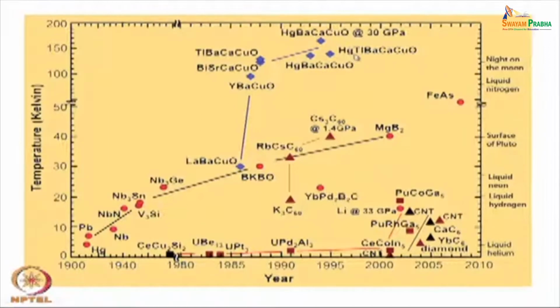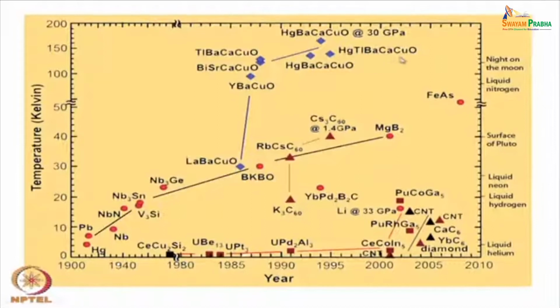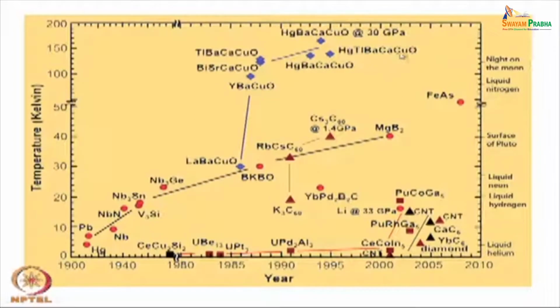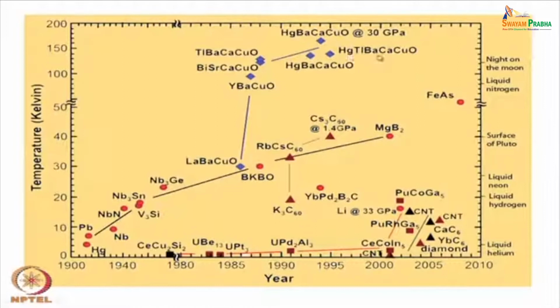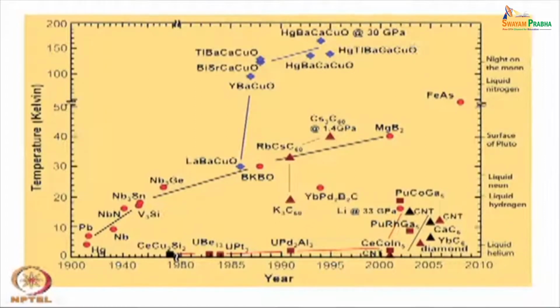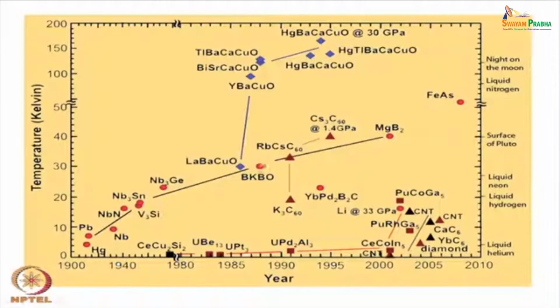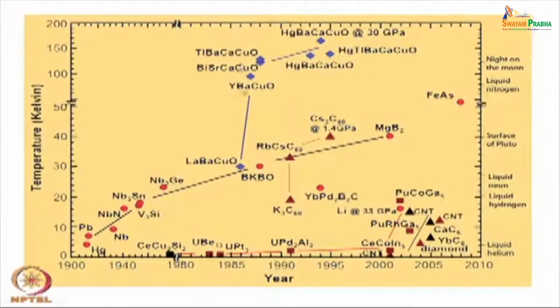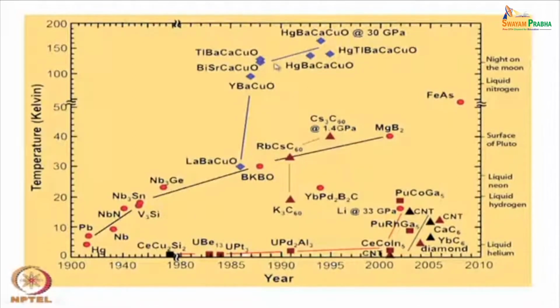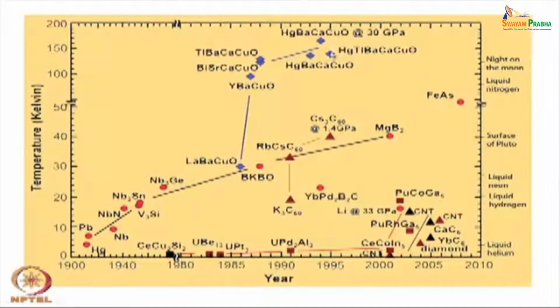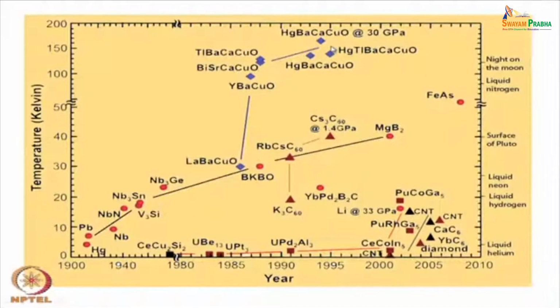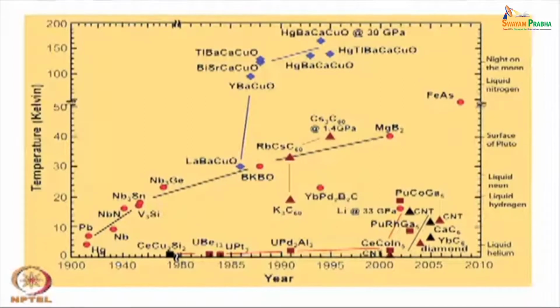So, mercury, thallium, barium, calcium, copper oxide. There is a lot of substitution in the basic cuprate structure. It started with these cuprates, and then more and more substitutions make the structure a little more complex, and of course, you have an increased Tc.